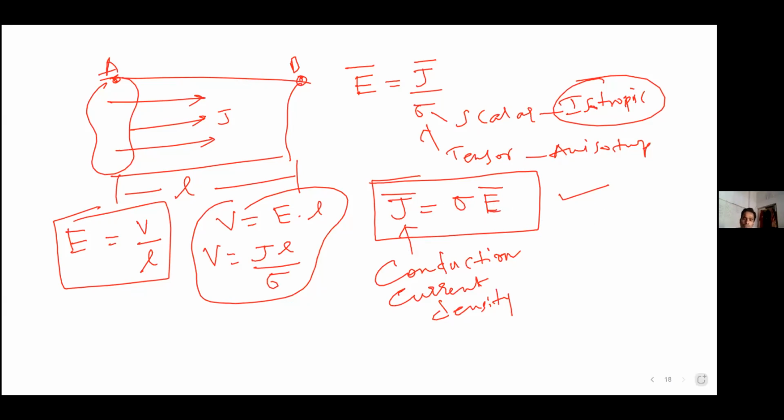Now we'll move to the Biot-Savart law and its application. What we obtained, if you all remember, was H equals I by 2 pi r for an infinitely long conductor. If I take any point at distance r, my H at that point is I by 2 pi r.